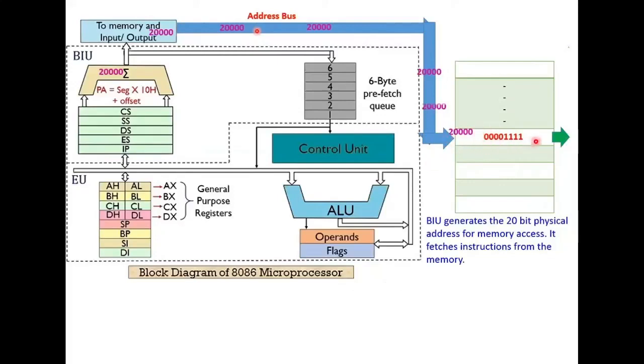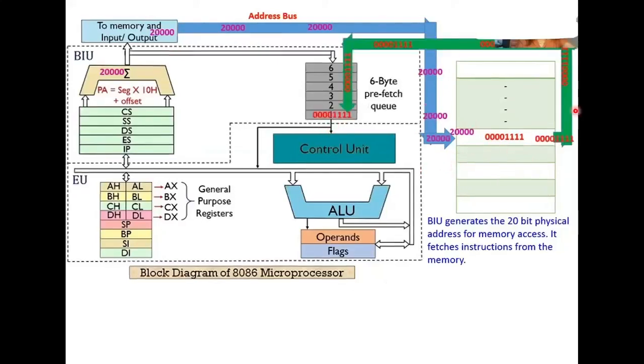Now this information the processor wanted to fetch. This instruction or data the processor wanted to fetch. So to take that data, we need to use data bus. See, this data bus is connected now. Now this particular information is traveling through this data bus, and that particular information is waiting in this queue.